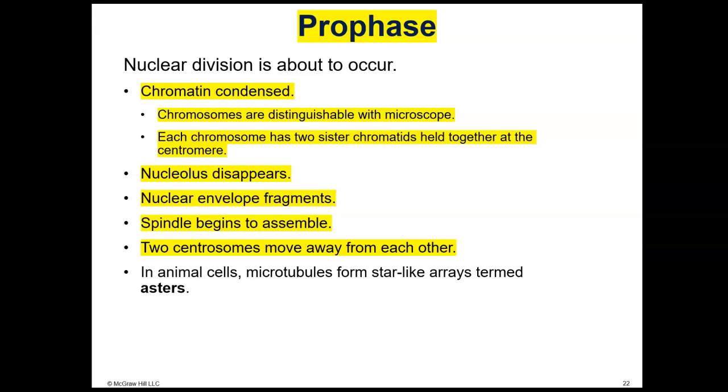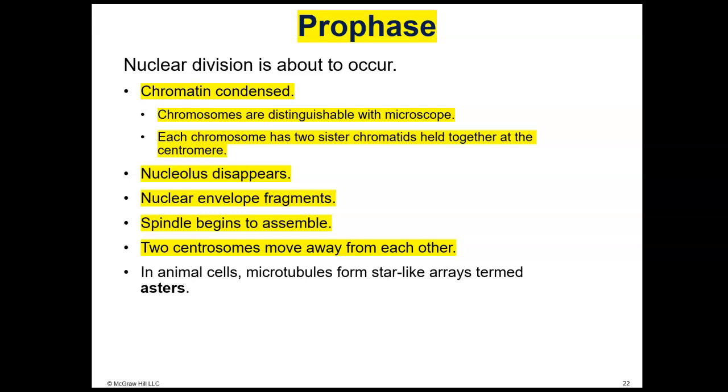We'll begin with prophase. And one piece of advice when you are learning the events that happen during each phase of mitosis: prophase is the most important one to learn because prophase has the largest number of events that you have to learn. So you've got like 5 things that are going on during prophase, and you need to know all of those events, all of those things that happen.